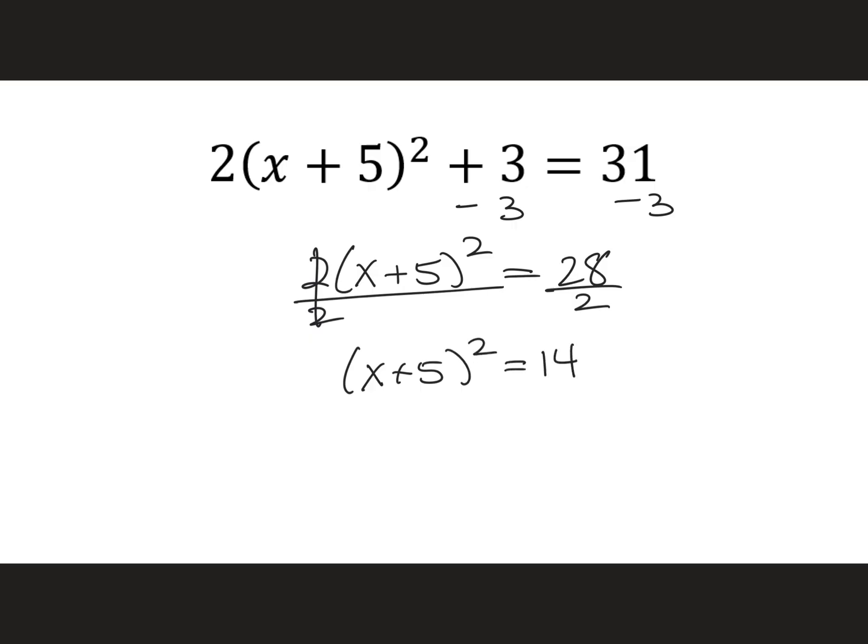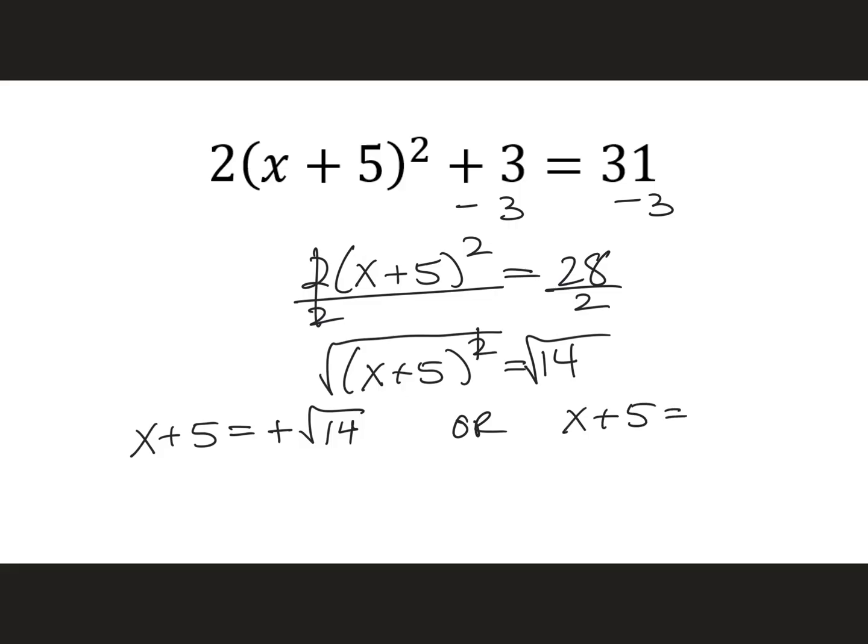Now I have to get rid of my square by doing a square root on both sides. And I get, I'm going to put over to the side here, x plus 5 equals positive square root of 14. And I'll put over here, or x plus 5 equals negative square root of 14.